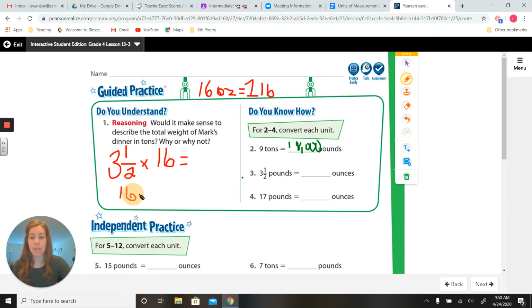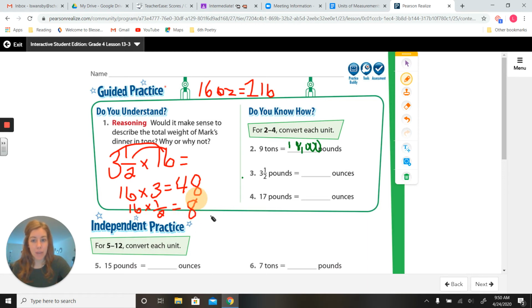I would do 16 times 3. I'm just distributing here. 16 times 3, and then 16 times half. It doesn't matter which one, but first, it's the commutative property. Well, 16 times 3, if you need to do it off to the side, that's fine. Gives you 48, and then 16 times half is 8.